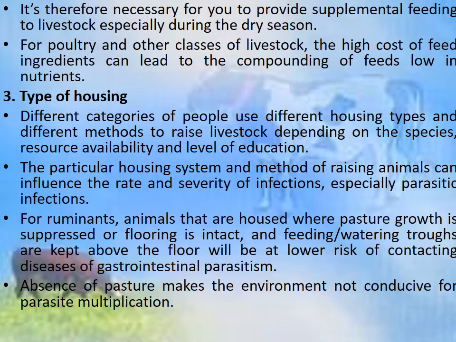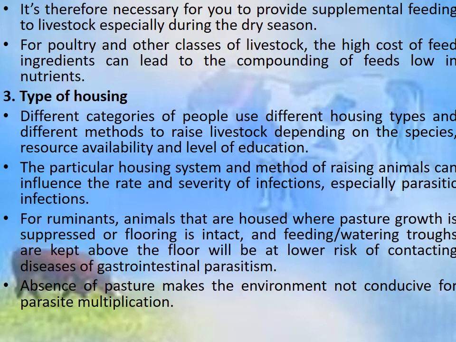Number 3 management factor is type of housing. Now, there are different categories of housing that can be used for different livestock animals. The particular housing system that is being used depends on the method of raising the animal, which also has a bearing on the rate and severity of infections, especially parasitic infection.